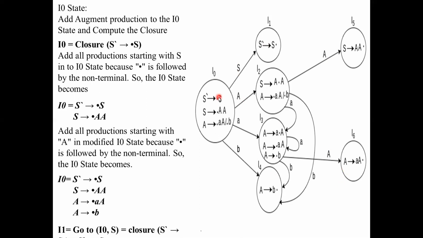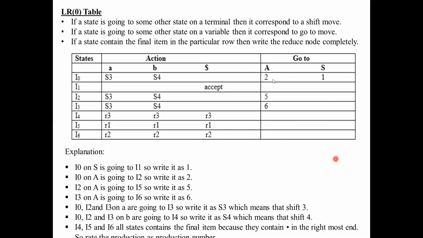For I0, for S, 1. For I0, for A, 2. For I2, A is 5, and for I3, A is 6. So you check it here: 2, 1, 5, 6. I feel there is no problem to understand.